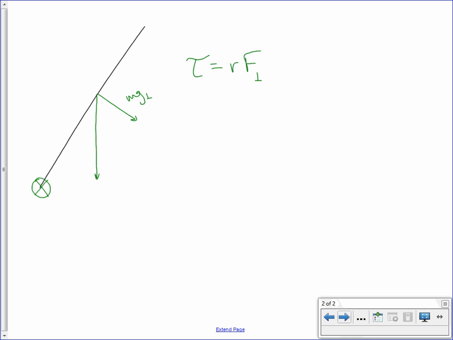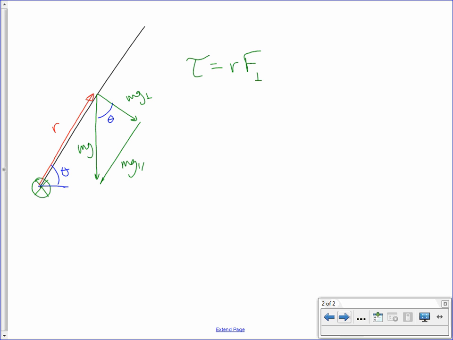Here's mg parallel. Here's mg, perpendicular to the boom. Or really, the important part is that it's perpendicular to vector r. There's vector r. All right, and if this is angle theta, then this is angle theta.